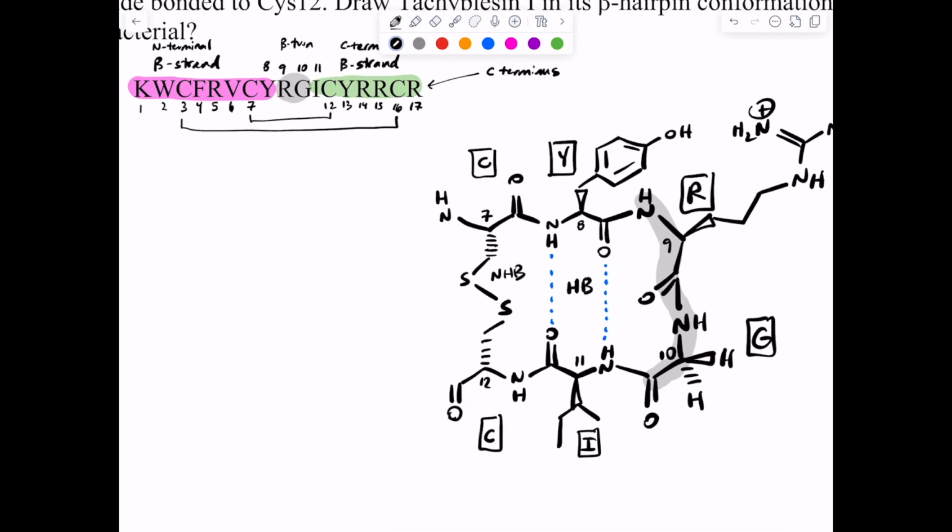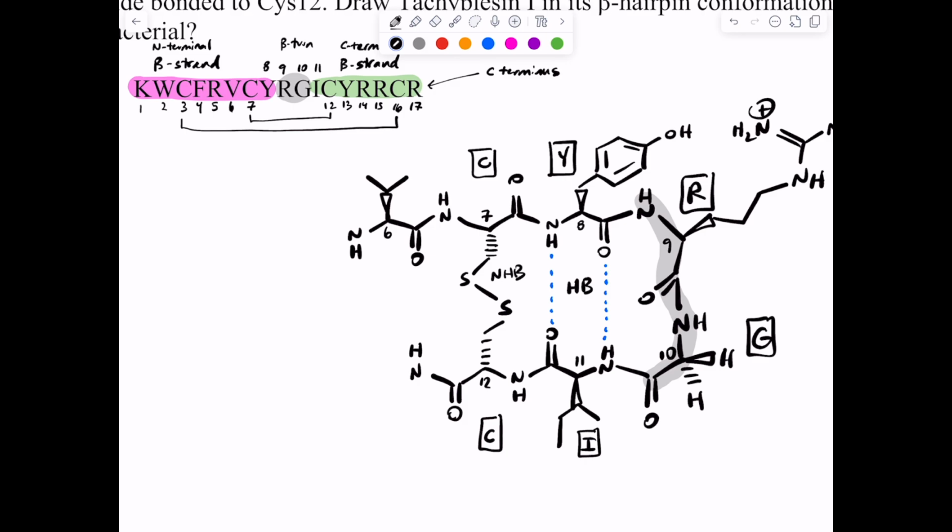All right. So after cysteine 7, we now have valine 6, and remember that valine 6 should be at a hydrogen bound pair. Its carbonyl oxygen is pointing towards the middle, its amide nitrogen is pointing towards the middle. This is valine 6. On the other side, you have tyrosine 13.